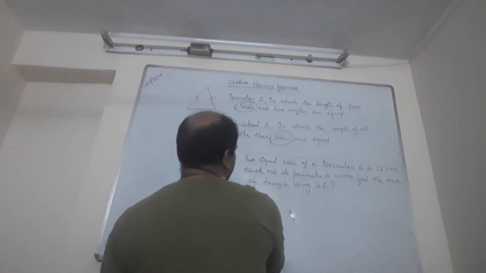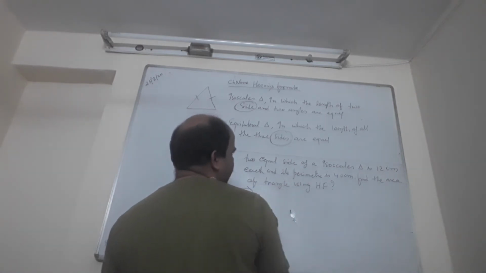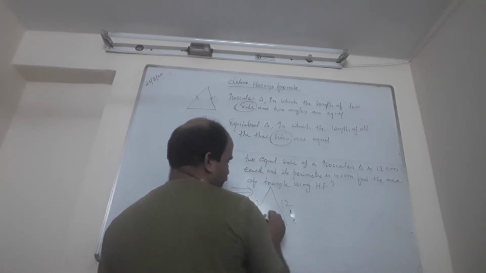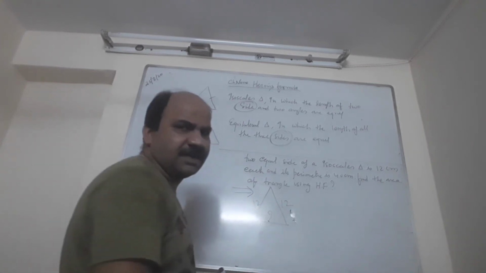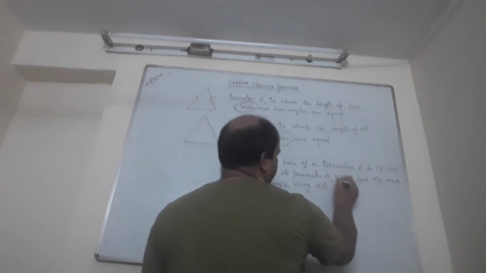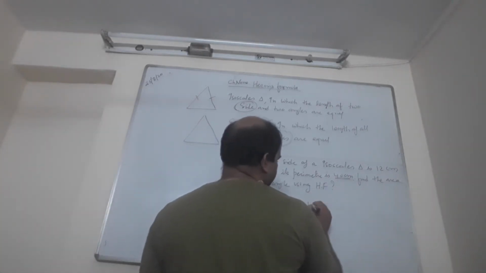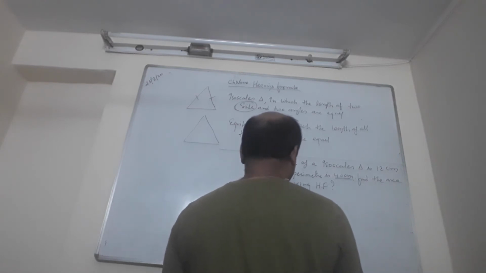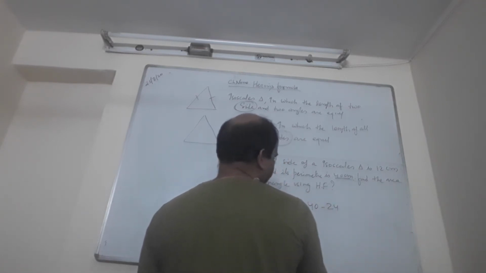First of all, we should see that two equal sides are given to us, that is 12 centimeter, 12 centimeter. Now what about the third side? The perimeter is 40, so for finding the third side we can write 40 minus 24, 12 plus 12 is 24.